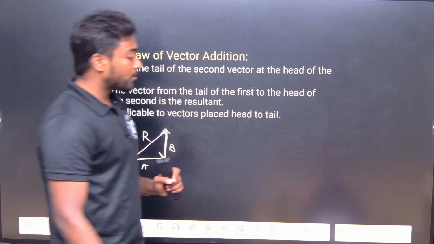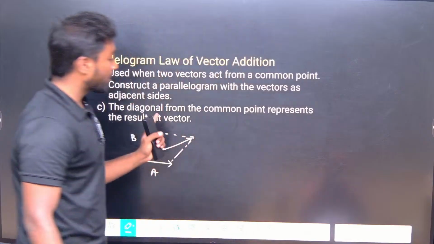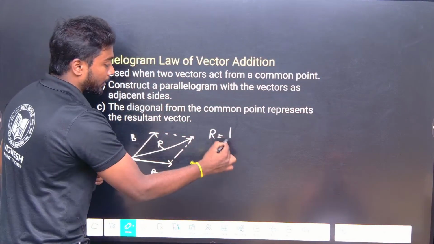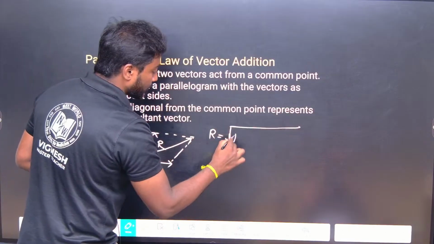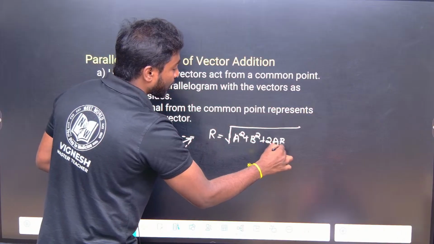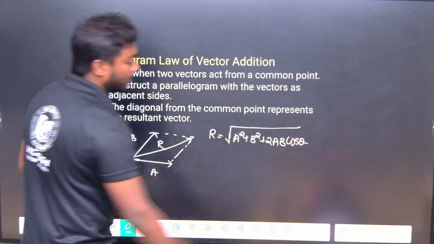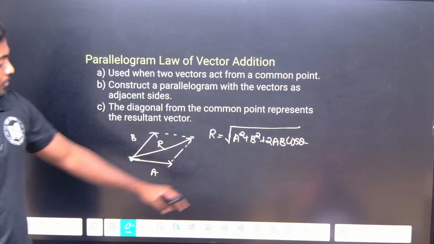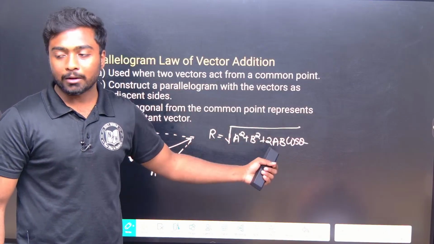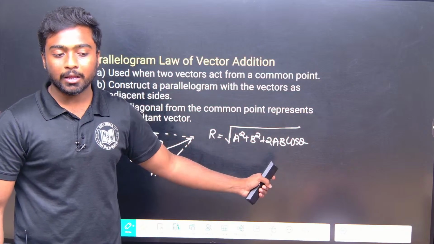Okay. Now we will see the formula for the parallelogram, which is nothing but R is equal to under root of A square plus B square plus 2AB cos theta. Okay. So cos values, if you substitute cos 0, 1, cos 90, 0, cos 180, minus 1.